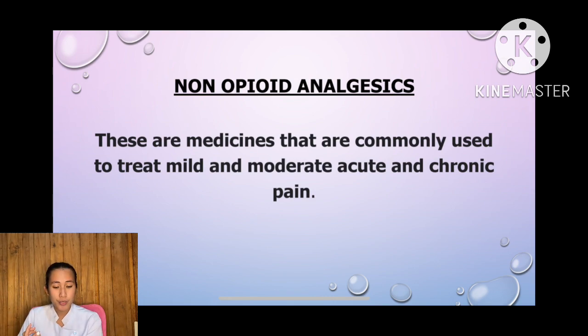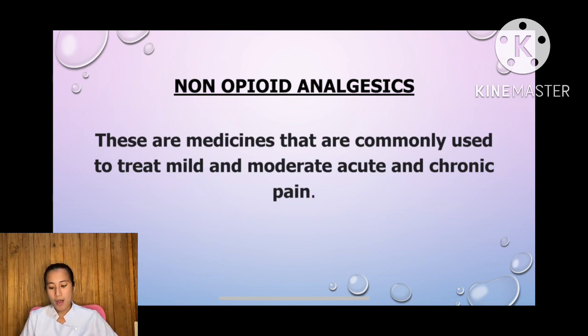Non-opioid analgesics are also medications for pain, but they only treat mild, moderate, acute, and chronic pain, not just severe pain. Unlike what I discussed earlier, which needed to be focused and needed further health intervention, this one is only mild.